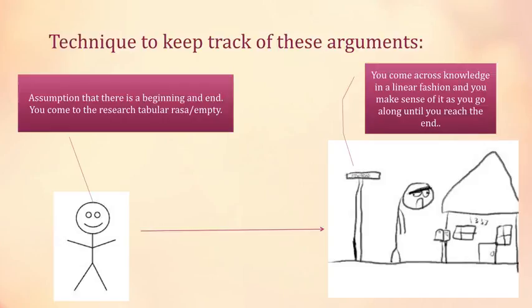You are a tabula rasa, an empty slate, and that you start at the beginning and then you work your way through this almost linear process towards the end. And as you work your way through that process, the assumption is that you gather knowledge, and by the end of the process, you then know everything about that topic. So there's this kind of linear beginning, you follow a clear path, and then you come to an end.